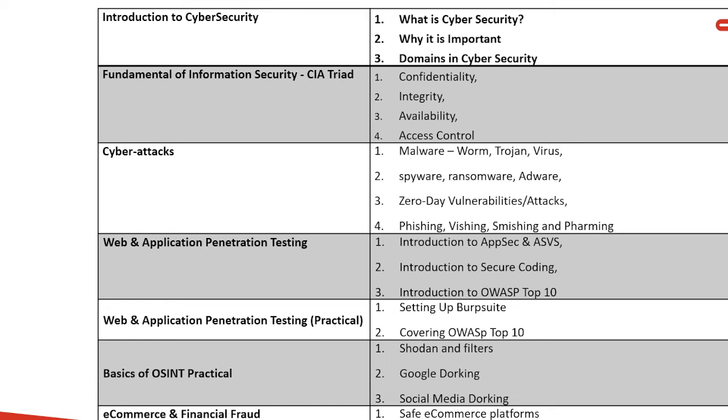Then the next topic which I have taken is web application penetration testing. The meaning of penetration testing is that you are basically simulating a cyber attack against application systems like APIs, front end servers, and back end servers, and you're trying to identify exploitable vulnerabilities.